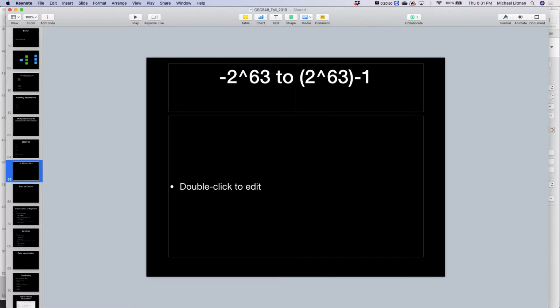And if we're doing the unsigned version of this, that is 0 to 2 to the 64th, minus 1, because 2 to the 64th is the number of unique values.